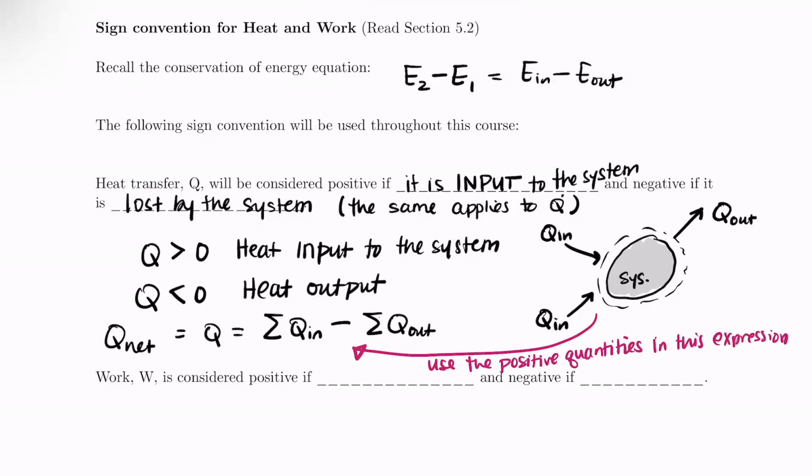So essentially what I'm saying is that this minus sign right here takes into account that we're treating a Q that is leaving the system as negative, right?